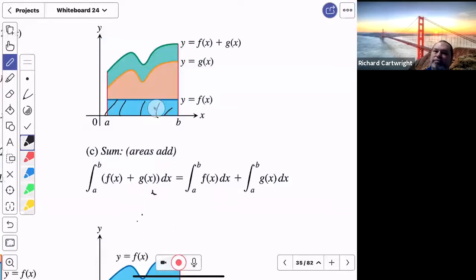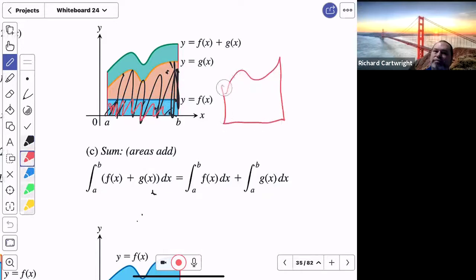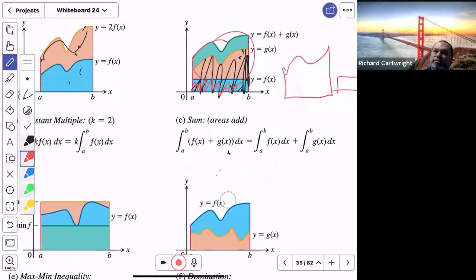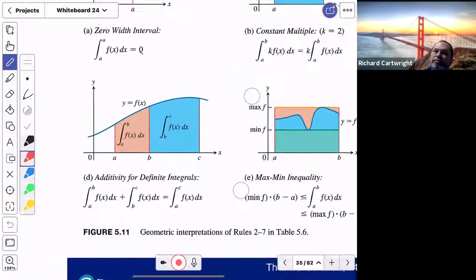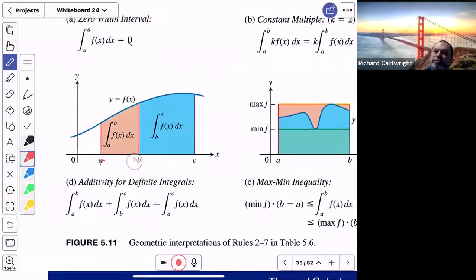If you add both the areas, this is all of g, and then this is f. So if you add up that big area with this smaller area, it's going to be more. So the total sum is going to be bigger. Well, that's common sense. Here is from A to B, from B to C, giving you all of it.